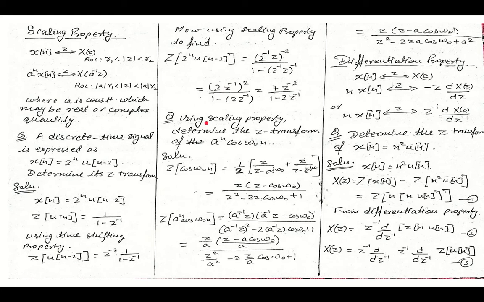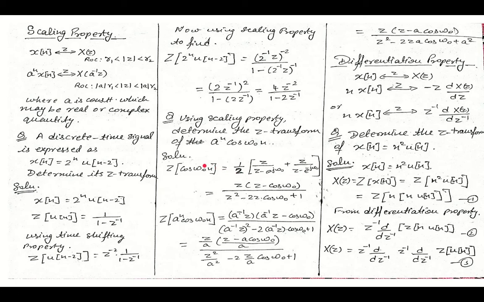Now the next question given to us is, using the scaling property, determine the Z transform of a^n cos omega naught n. The Z transform of cos omega naught n can be given as 1 by 2 into z upon z minus e to the power j omega naught plus z upon z minus e to the power minus j omega naught.